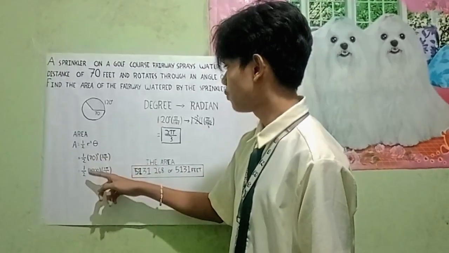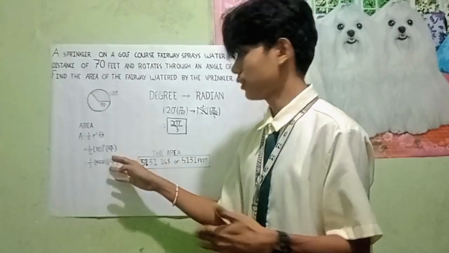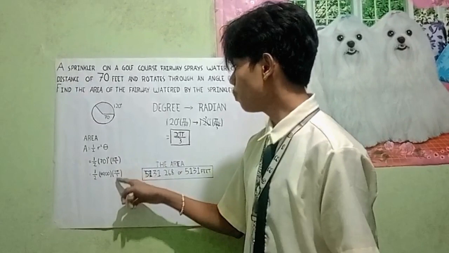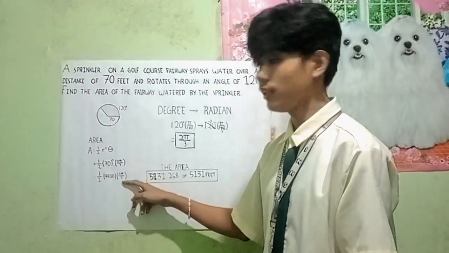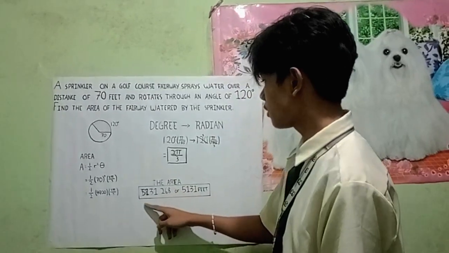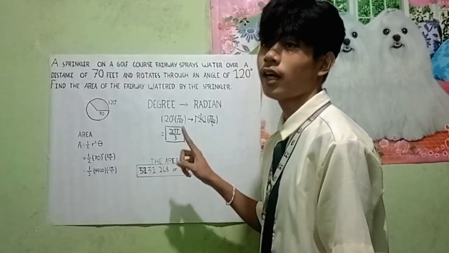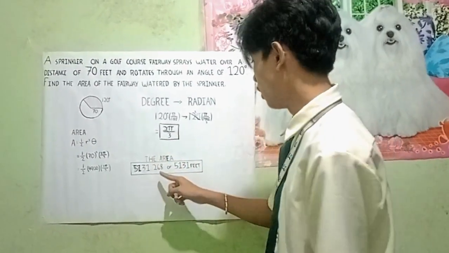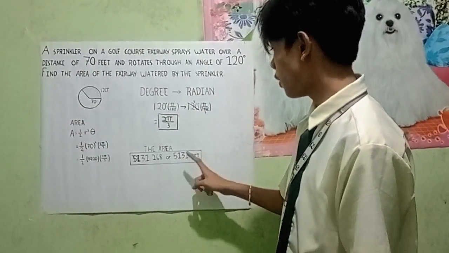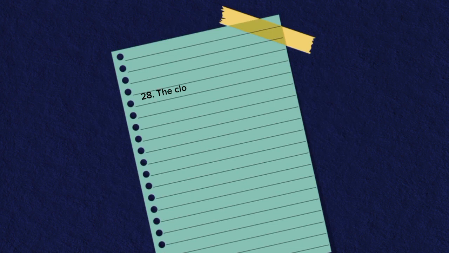The answer is 4,900. So 1/2 times 4,900 times 2 pi over 3. The area is 5,131.268, or roughly 5,131 square feet.